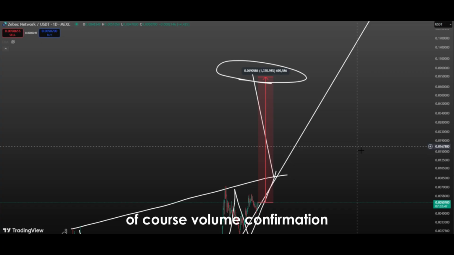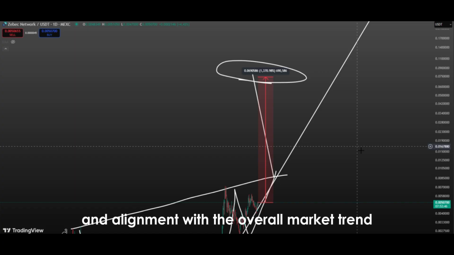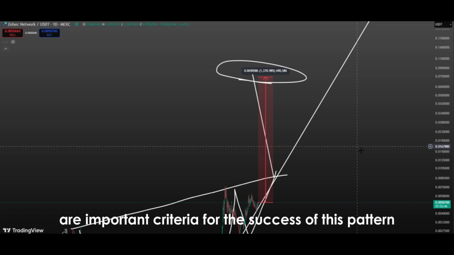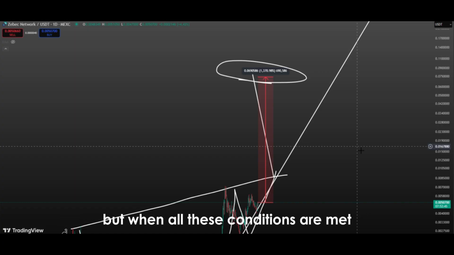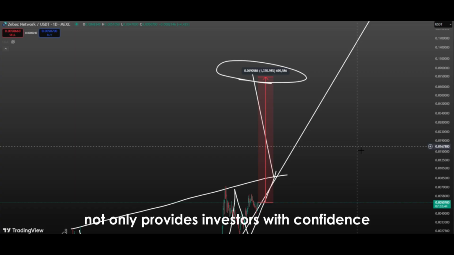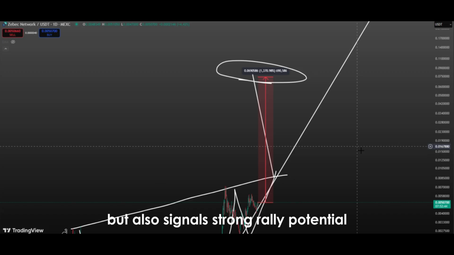Of course, volume confirmation, a healthy handle formation, and alignment with the overall market trend are important criteria for the success of this pattern. But when all these conditions are met, the cup and handle pattern not only provides investors with confidence, but also signals strong rally potential. In the cryptocurrency market, correctly interpreting this pattern and capturing the breakout moment is like unlocking the door to major future opportunities.